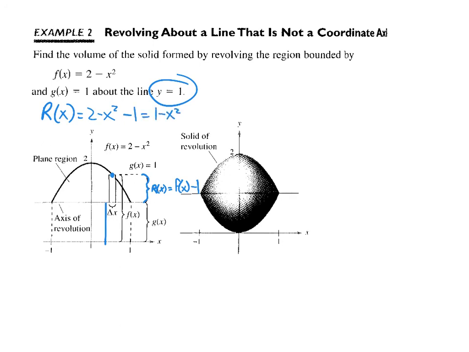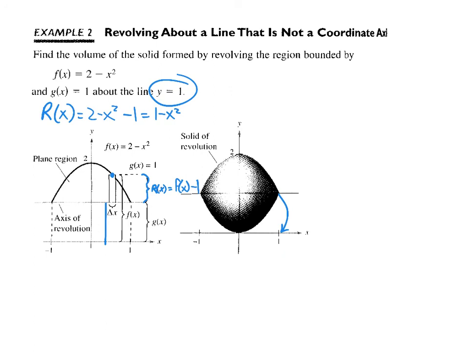Essentially, what we're doing is translating the whole thing down 1 unit. It's a vertical translation to make the line that we're revolving about into kind of the x-axis. If I shifted this whole thing down 1 unit, then that would put me revolving around the x-axis now.